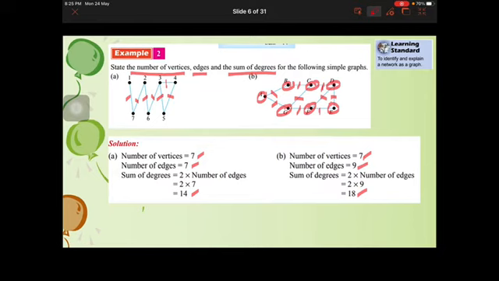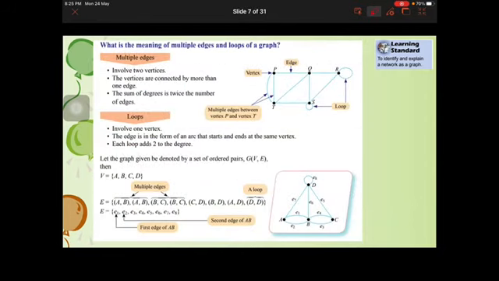Okay, now let's look at the second type of graph, that is with multiple edges and loops. Like I said just now, a loop is something like a circle like this.